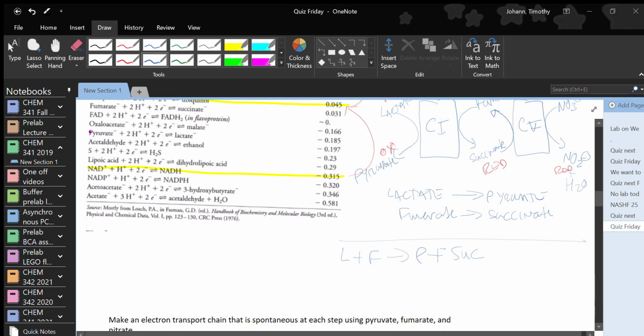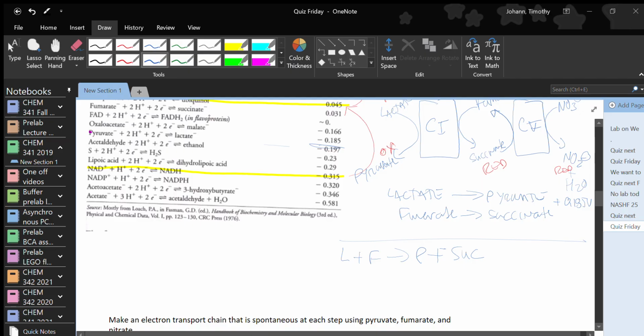And when I flip lactate to pyruvate, right here, that's right here, right? That's going to be plus 0.185, right, volts? Okay. And then when I don't flip, because I don't flip, I'm having fumarate go to succinate.